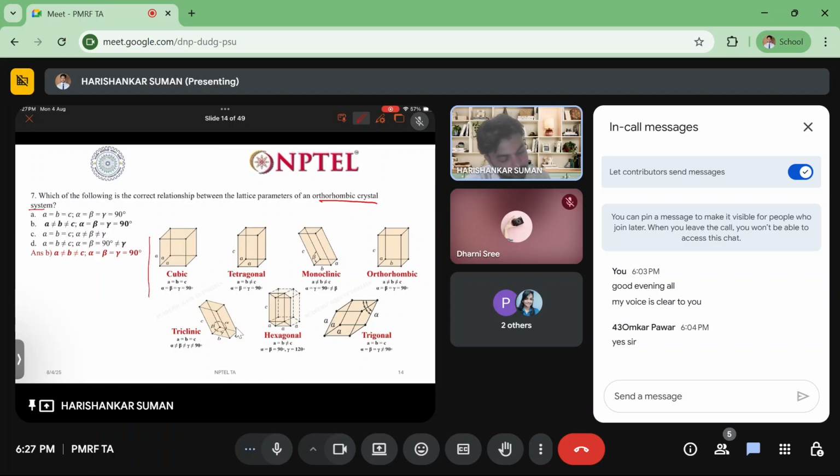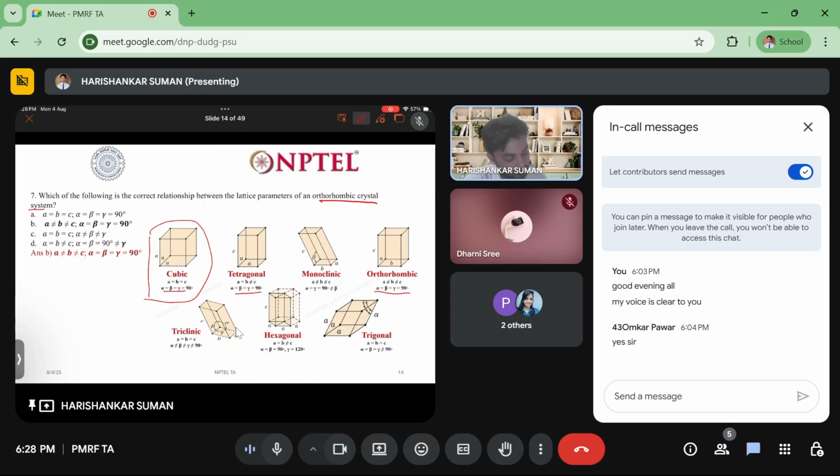In cubic, the lengths are equal and the angles are also equal, at 90. In tetragonal, A equals B but not equal to C. Alpha, beta, gamma are 90. In orthorhombic, alpha, beta, gamma are 90.